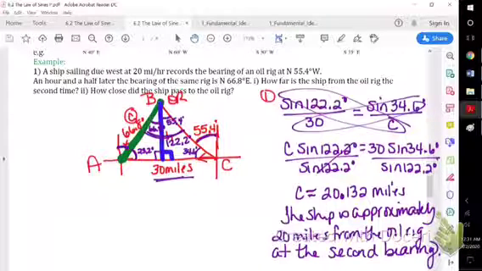Alright, then for part 2 here. It wants to know how close the ship passed to the oil rig. So I'm after that blue line that I drew in there. Notice it made some right triangles.